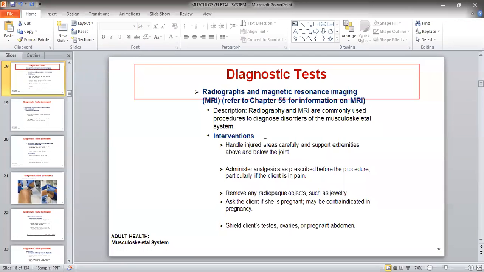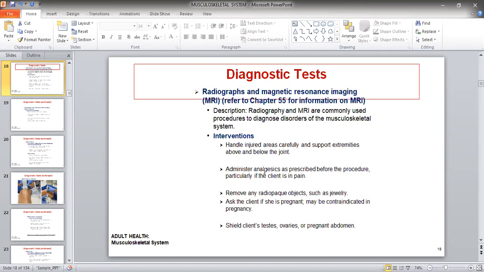So maintain the injured area and administer analgesia for pain management. Also remove any radiopaque objects, like any jewelry, wristwatch, right? Any kind of jewelry. Ask the client if they're pregnant.